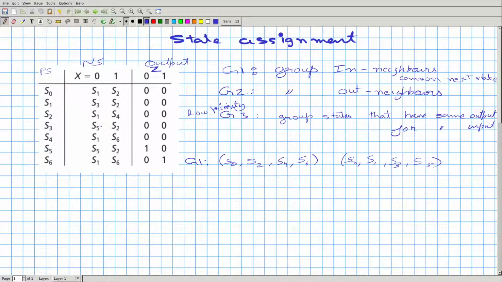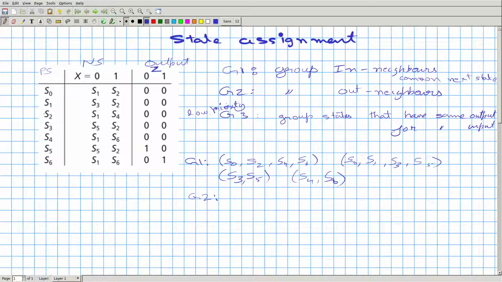S5 is next state of S3 and S5. So we have another group here, S3 and S5. Then we look for incoming neighbors into S6. So S6 is next state here and here, which is S4 and S6. And that's it for incoming neighbor.